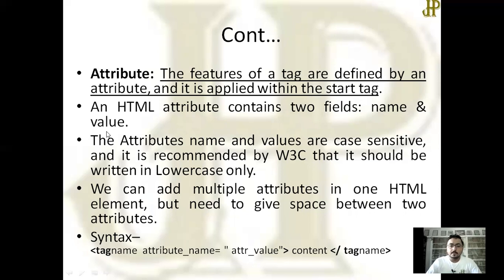For example, if you want to change the color of the text, we have to include an HTML attribute known as color, and we have to put some value like red, blue, or any other color.